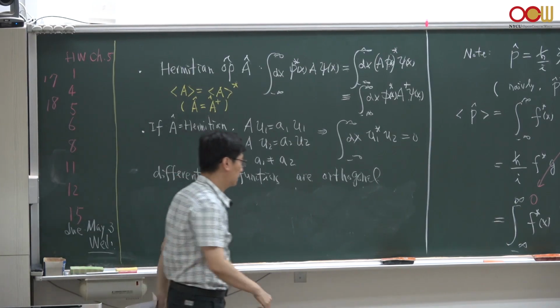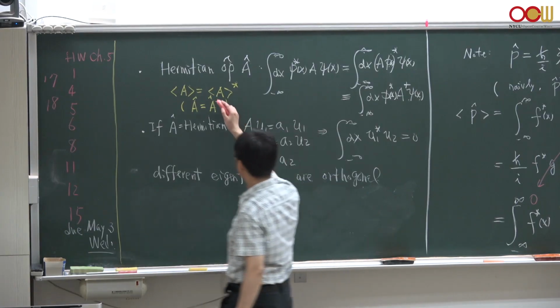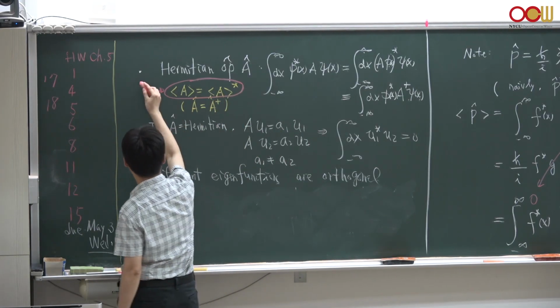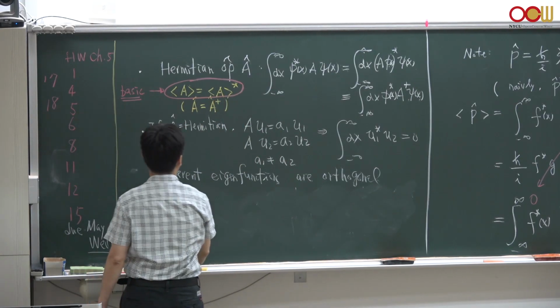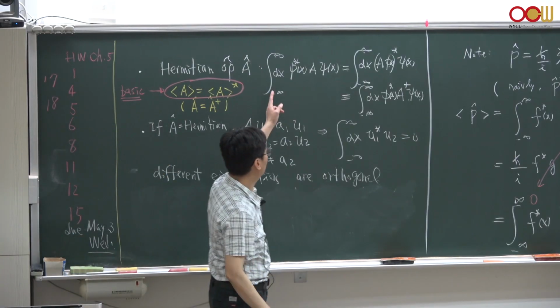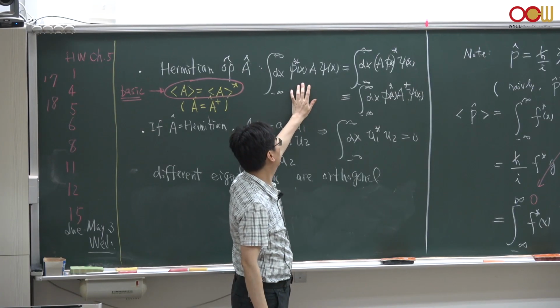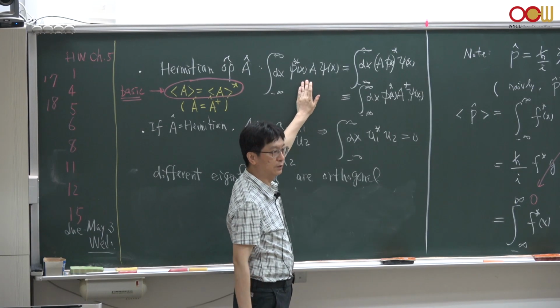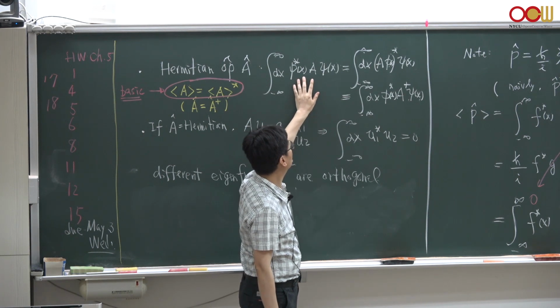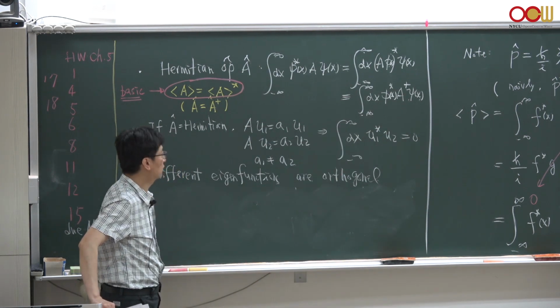But the most fundamental relation to define this Hermitian operator is this one. This is the more basic definition. And the consequence of this Hermitian operator is the following: if you calculate any expectation value of the A operator, since A plays the same role as A dagger, you can simply replace it with A dagger in the middle of this integral.